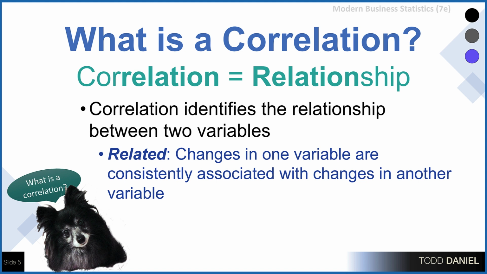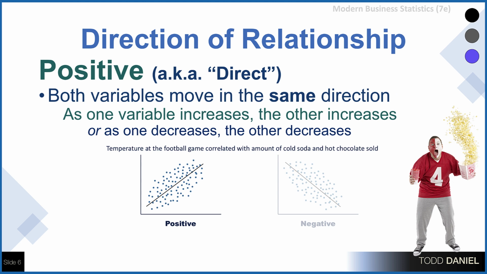When variables are related, then changes in one variable are consistently associated with changes in another variable, such as in the case of a positive correlation, where both variables move in the same direction, so that as one variable increases, the other also increases. A positive correlation would also occur when, as one variable decreases, the other also decreases. They move in the same direction.